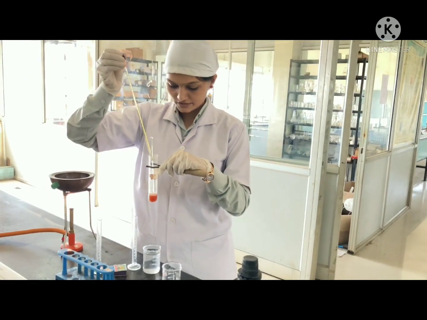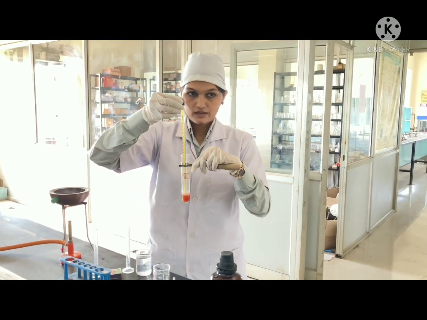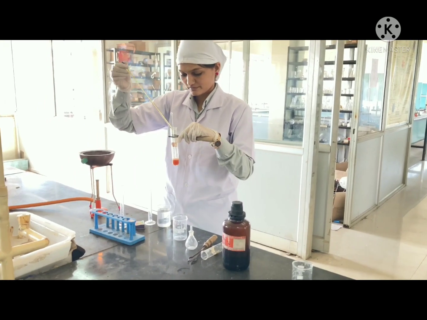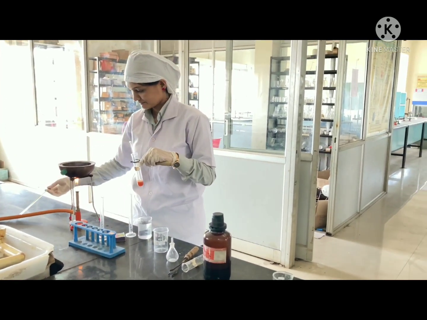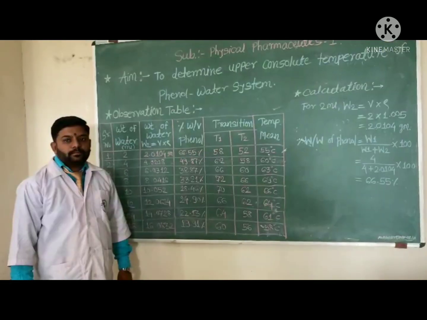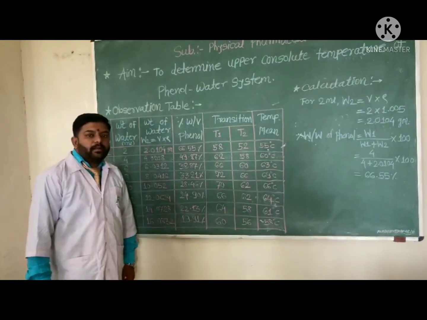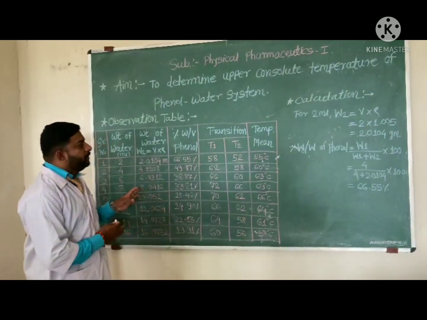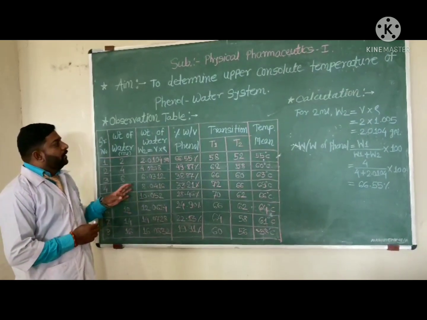Let's measure the temperature. The second temperature is 58 degrees Celsius. We have to repeat this same procedure up to 10 times. After taking 8 readings of the phenol-water system, we can start with our calculation part.